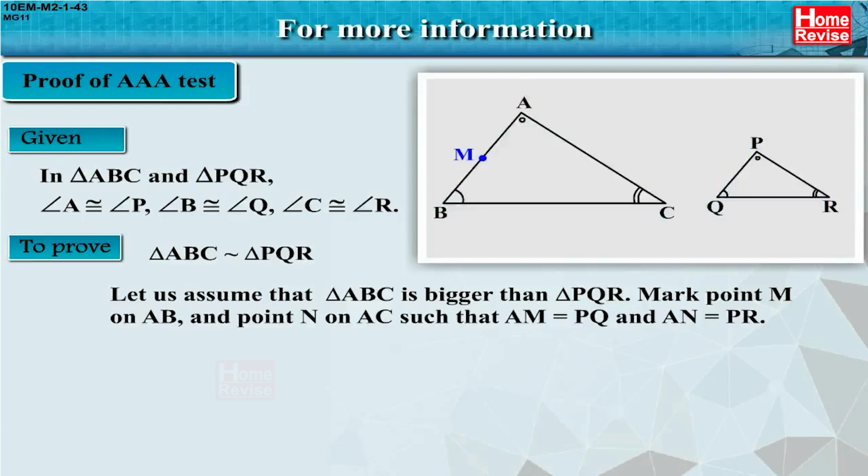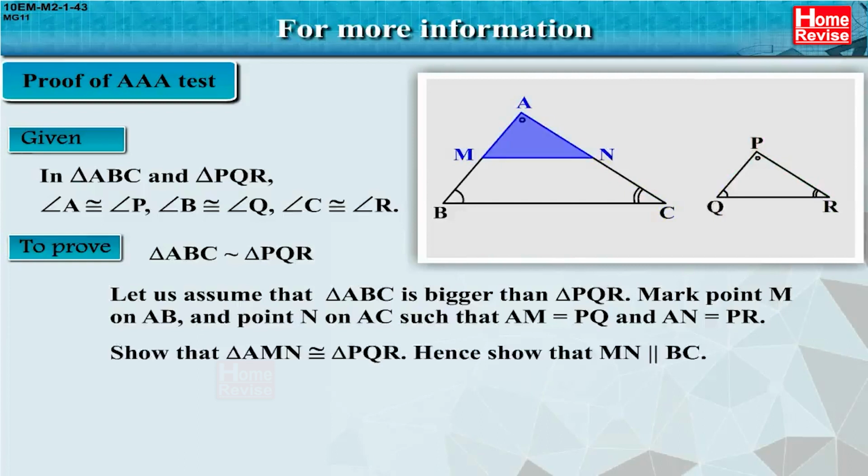Mark point M on AB and point N on AC such that AM is equal to PQ and AN is equal to PR. Show that triangle AMN is congruent to triangle PQR.